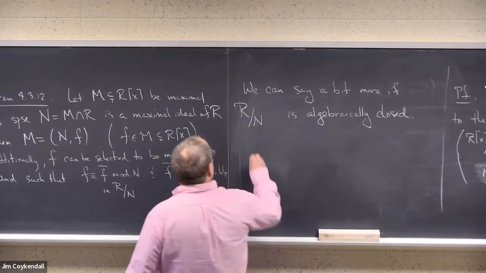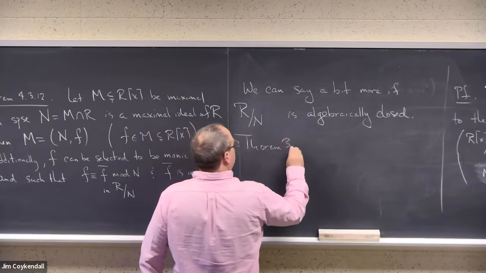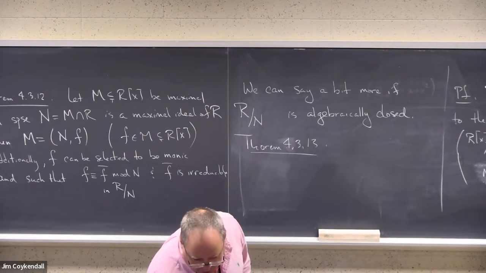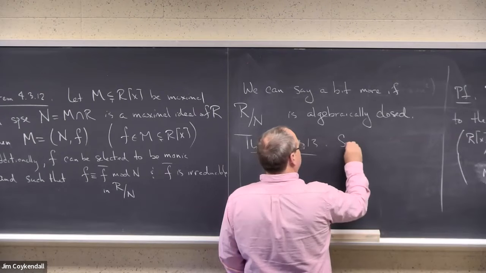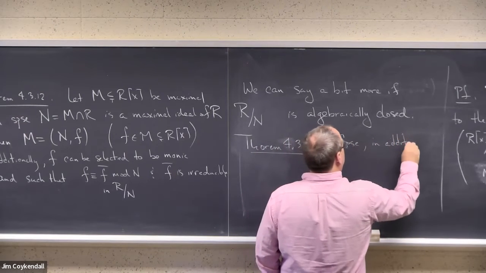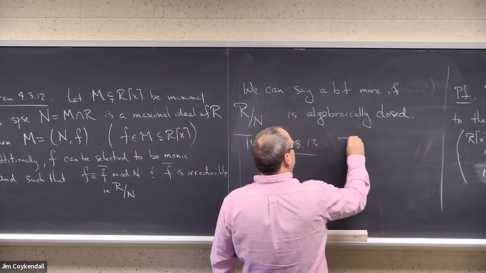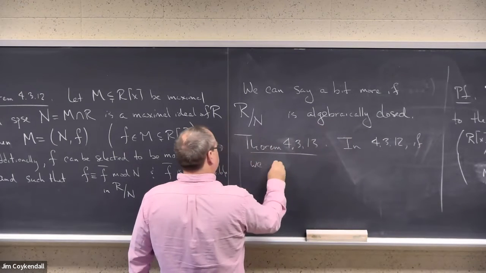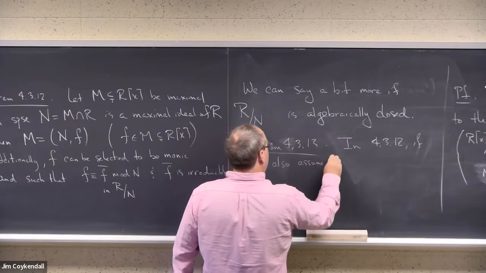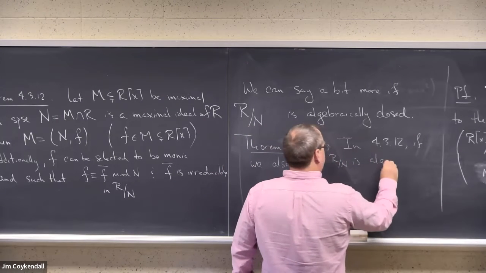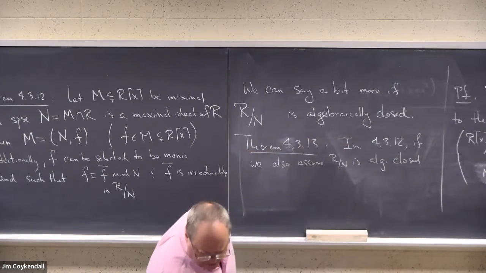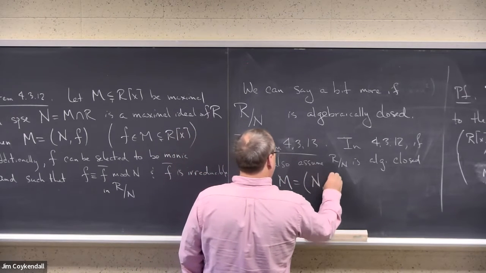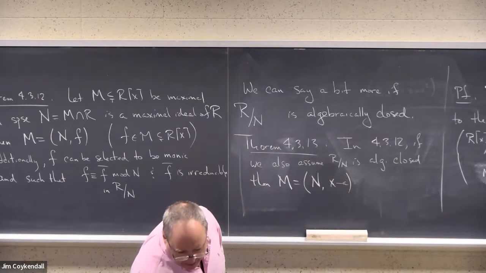And so let's up this a little bit. 4.3.13: in 4.3.12, if we also assume R mod N is algebraically closed, then M is generated by N and x minus a for some a.